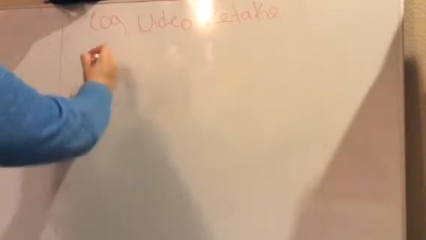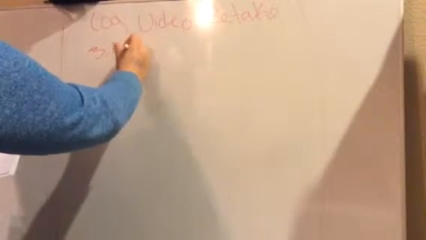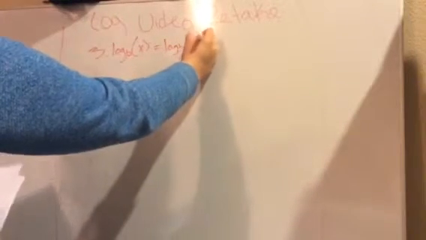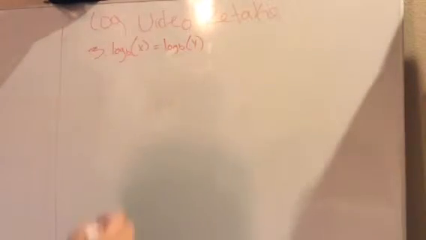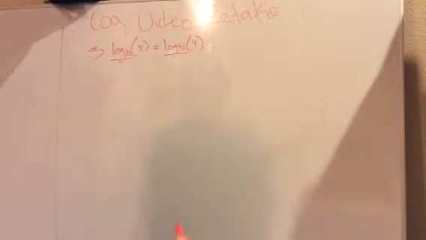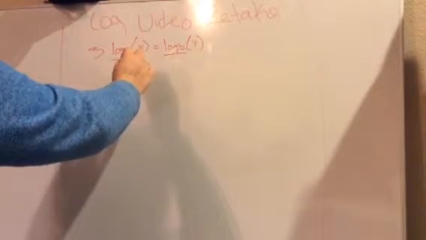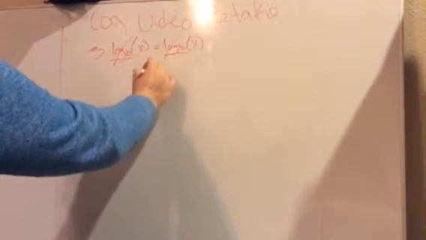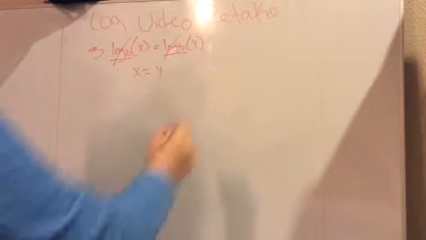Okay. Number 3 is log base b of x equals log b of y. So because log b equals log b, they cross out, they cancel each other out, and it would just be x equals y.